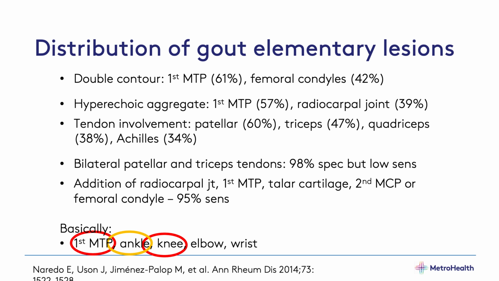In my case, I mostly look at first MTP and the knee, and I occasionally look at ankles. So I'm not quite 95% sensitive, but I think in my case, most of my patients are there to rule in gout, not to rule out gout. So I think I'm okay with that.